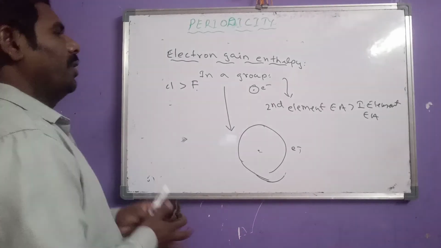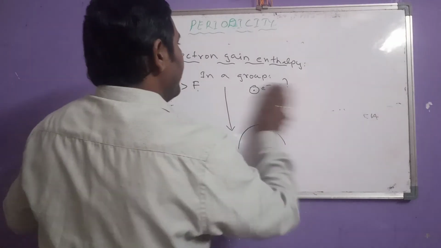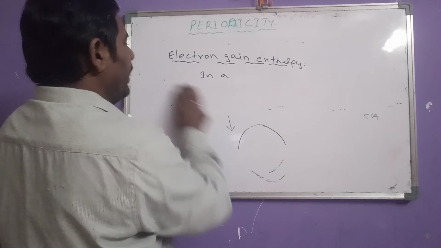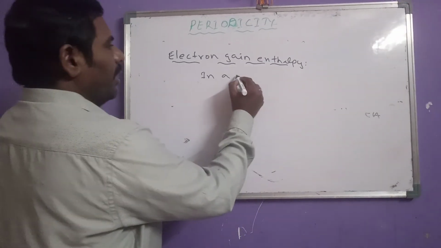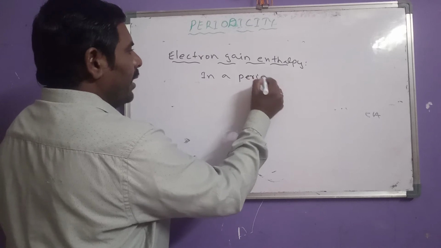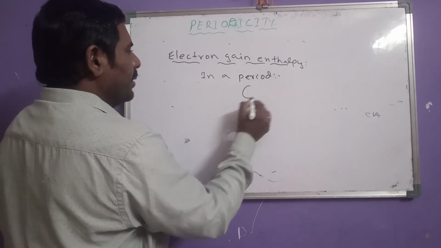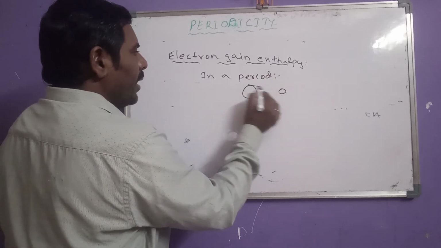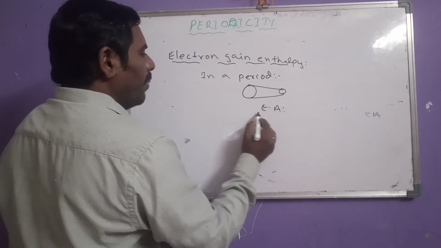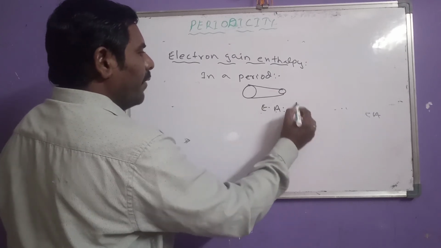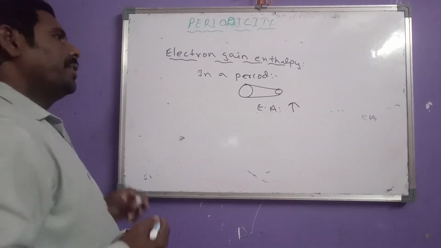So we have to remember this is the trend in a group. Now let us see what happens to electron gain enthalpy in a period from left to right. As atomic size decreases, electron gain enthalpy or electron affinity value increases.